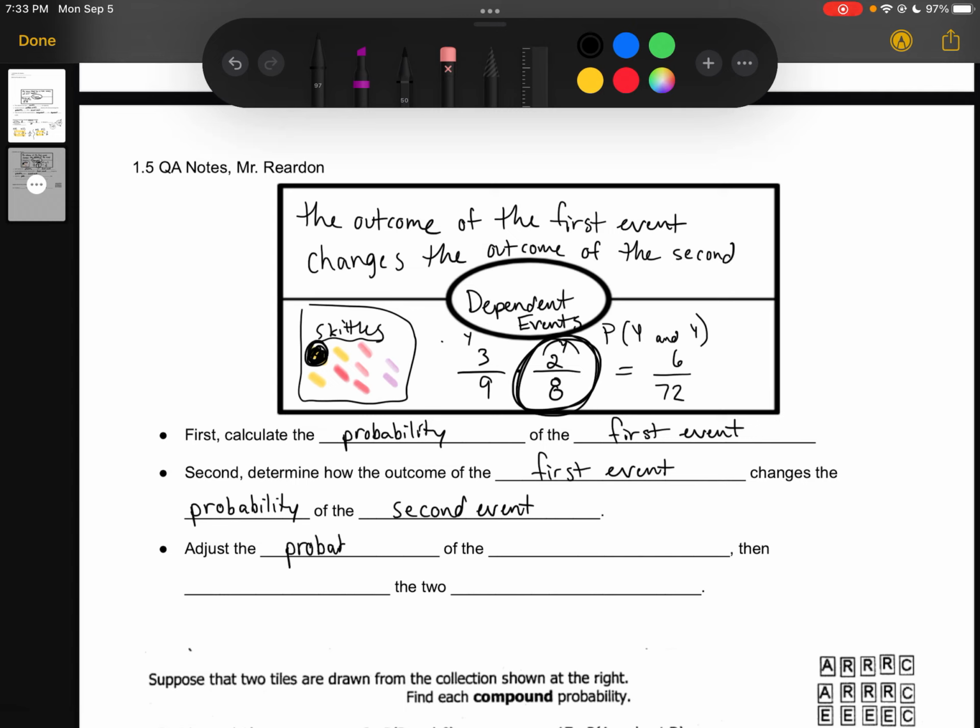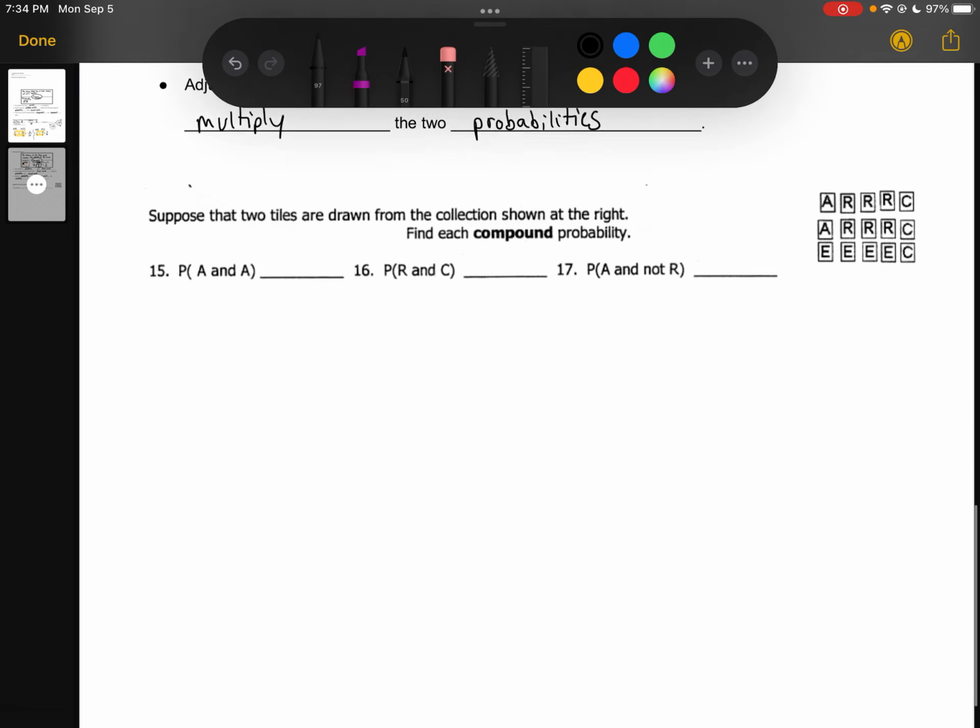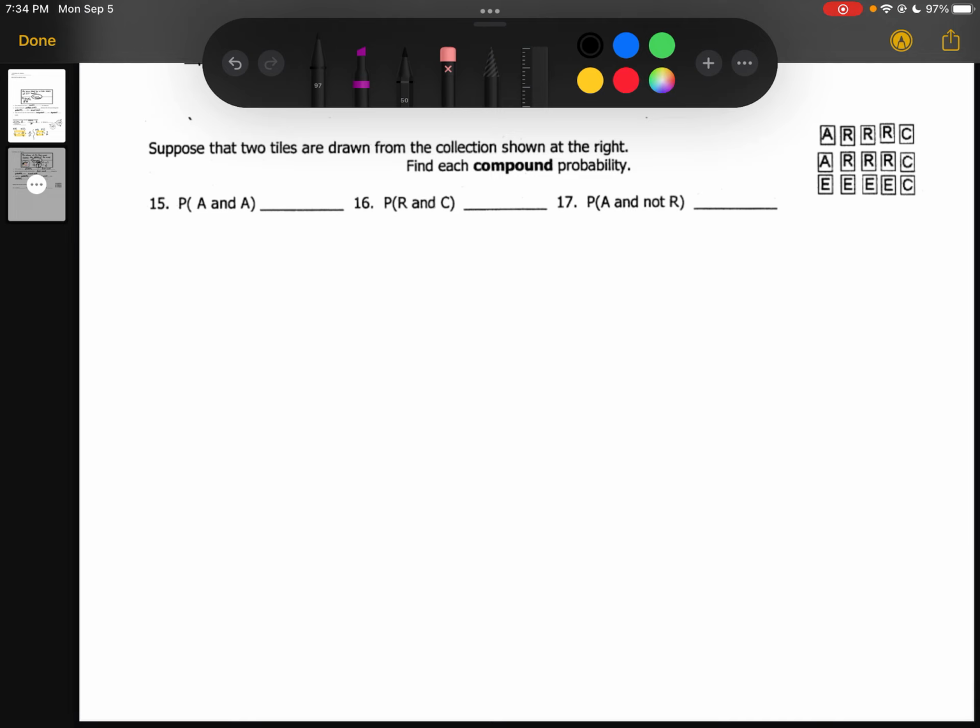And then lastly, we have to adjust the probability of the second event, then multiply the 2 probabilities. Basically what this is telling us is that we just have to calculate the probabilities and make sure that we're accounting for eating the Skittle, or when the whole changes. As long as we do that, we're in good shape.